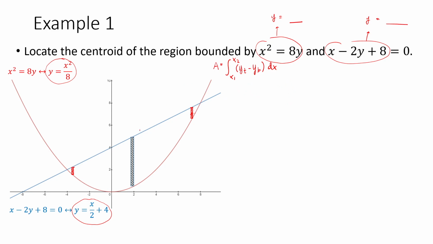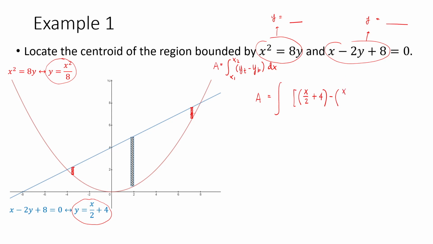Okay, so y top again in the vertical strip. The area, or the y top, is the blue portion. So this will be x over 2 plus 4, and then minus the bottom portion of the strip, which is the red graph.